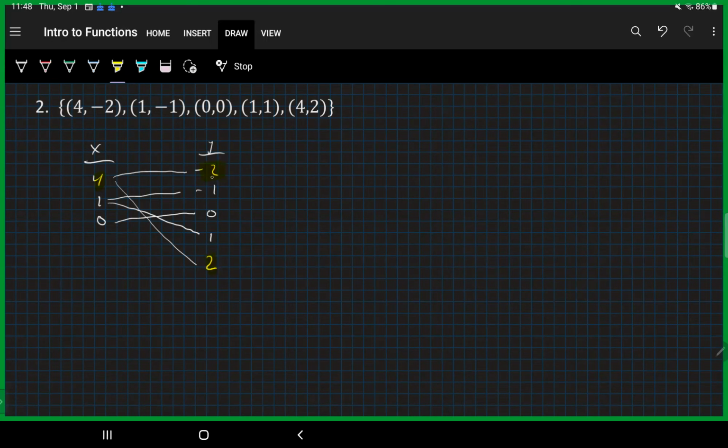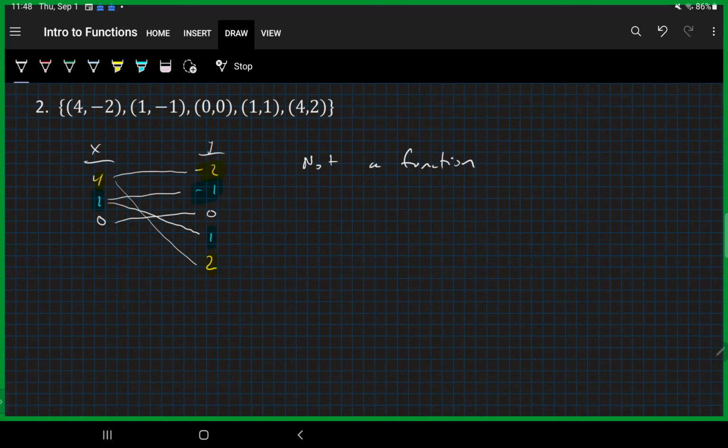The outputs are no longer unique here. Same thing with -1 and 1. 1 goes to two different places. So because this input does not have a unique output, this can't be a function. So it's not a function.